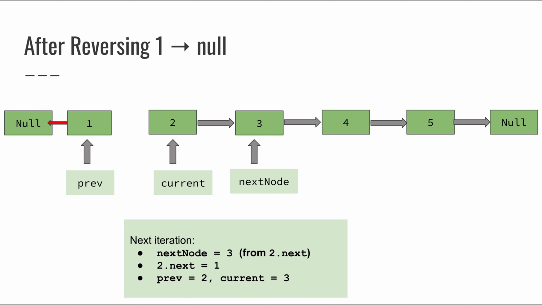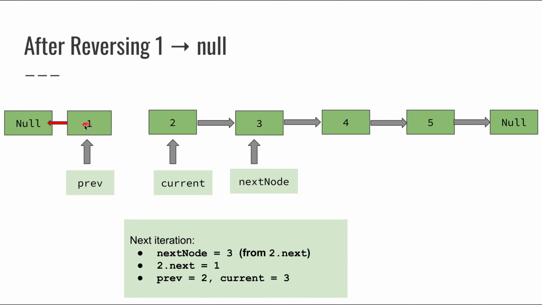Okay, so now the current we have moved from null to here. Got the point, right? It means previously, before any iteration, the previous was at null, but now after reversing, this 1 points to null, right? And so we will move previous from here to 1. Okay, now the previous will point to 1.